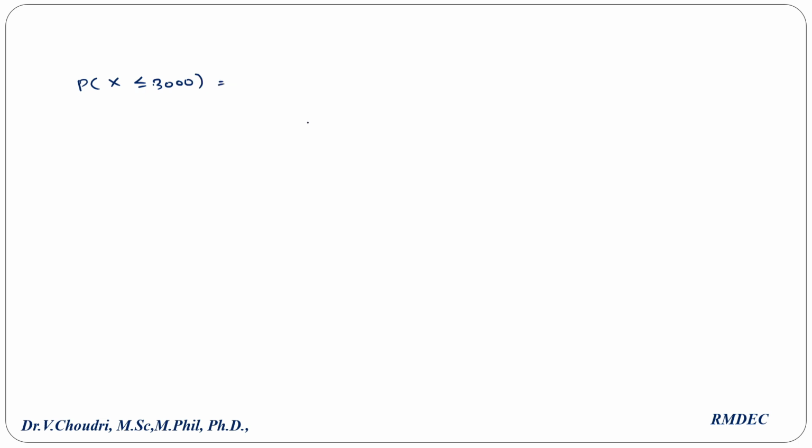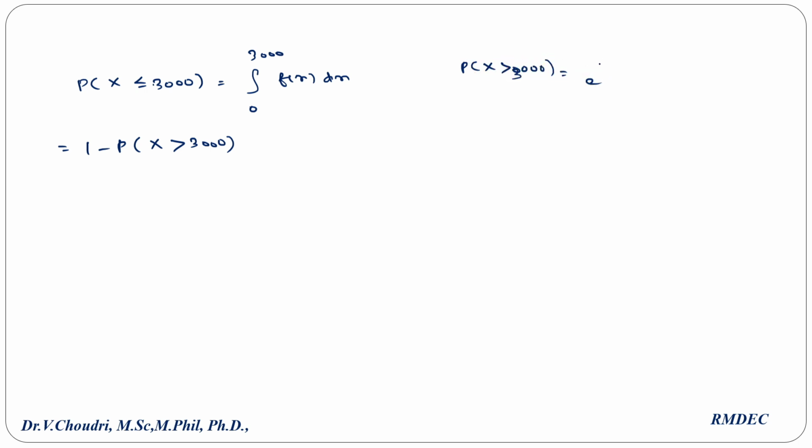We may get the value as the integral from 0 to 3000 of f of x dx. Instead, I am going to use the probability of x greater than a constant. Using total probability, 1 minus P of x greater than 3000. Now what is P of x greater than 3000?